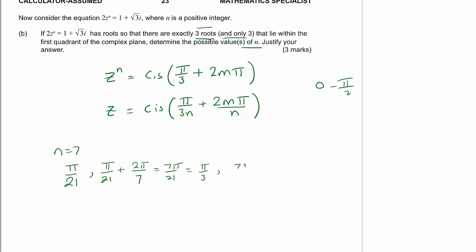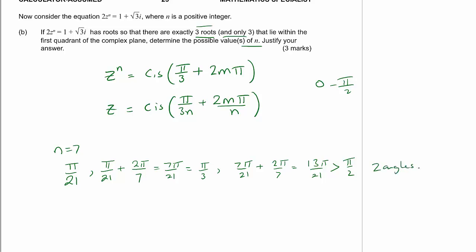But if we then do 7 pi by 21 and add an extra 2 pi by 7, we get 13 pi by 21, and that is more than pi by 2. So the third angle doesn't work, so it's still only two angles with n equals 7.